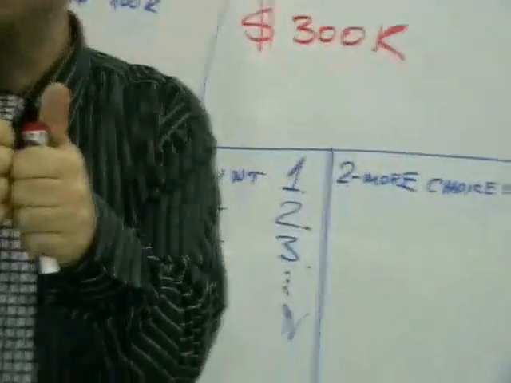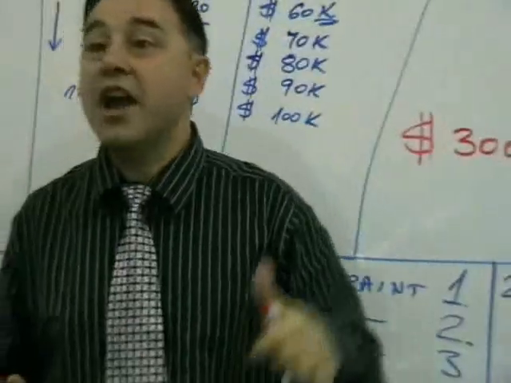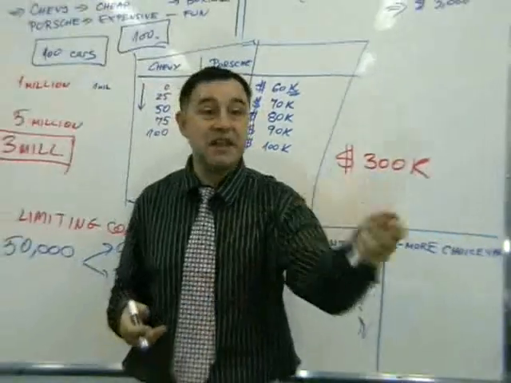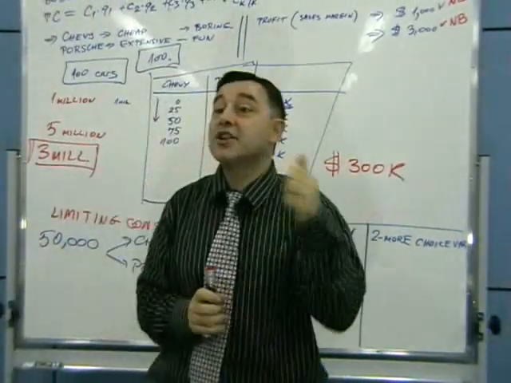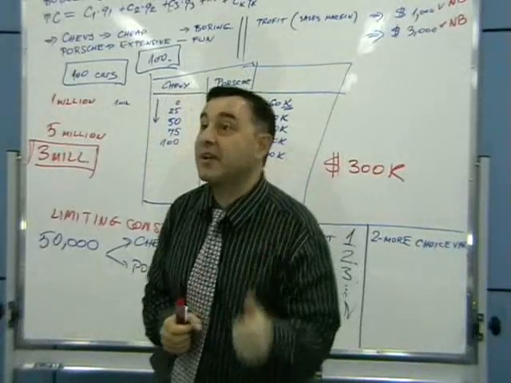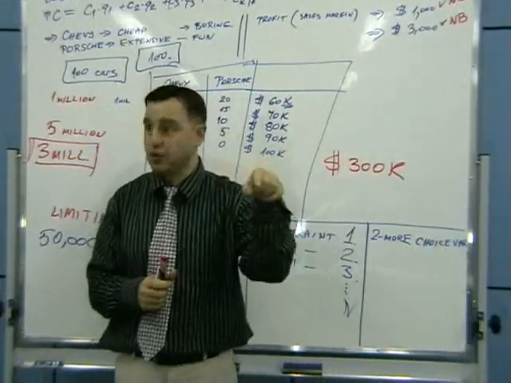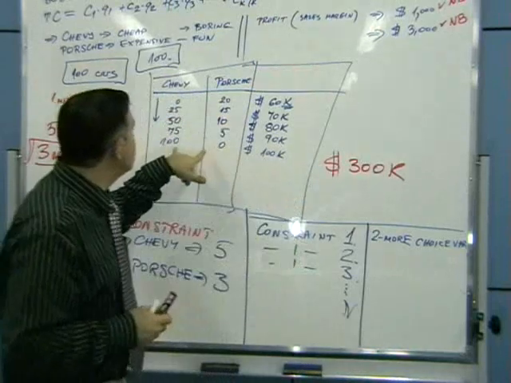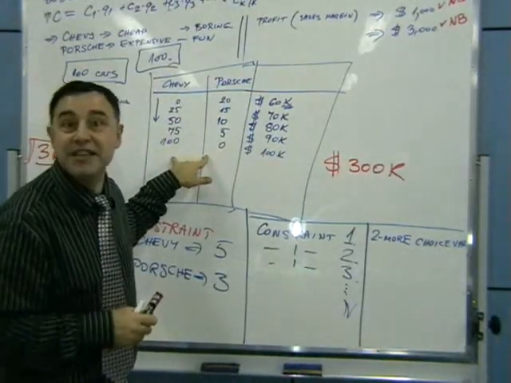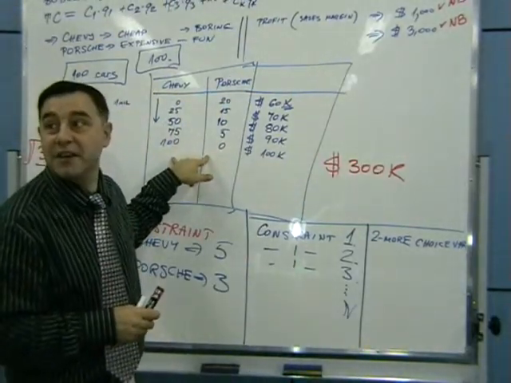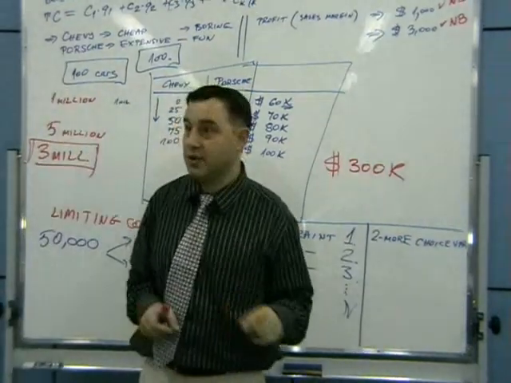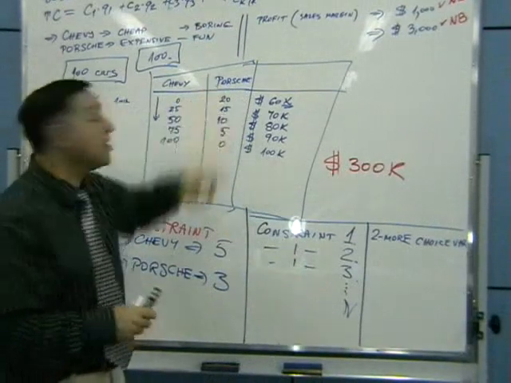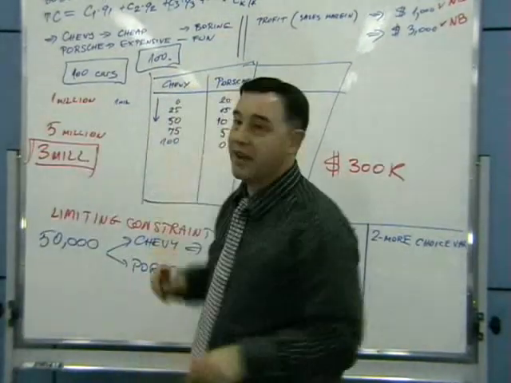There's no second choice variable. Do we admit 3 or 13 or 15, right? There's only one choice variable, number of students. That's because this is the nature of constraint optimization problems. You have 2 choice variables, quantities of Porsche and quantities of Chevy.